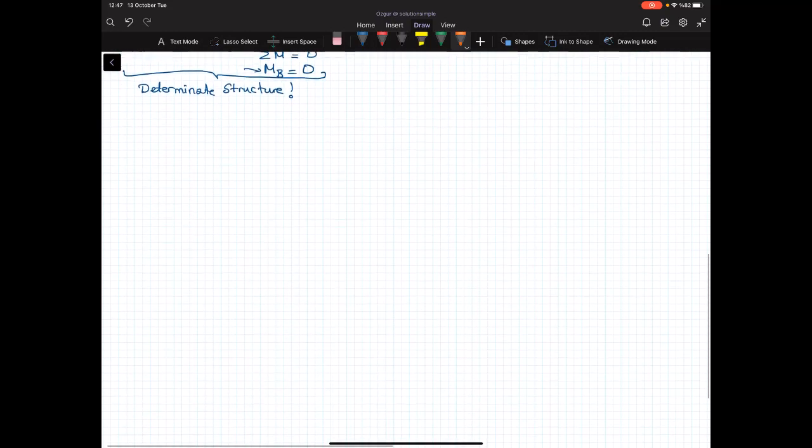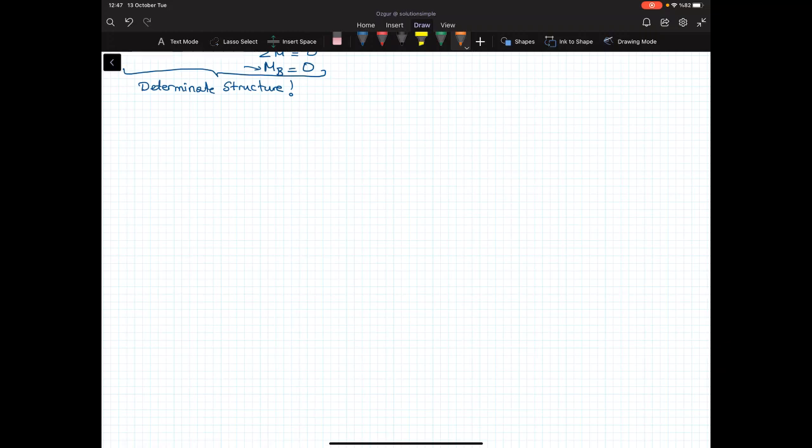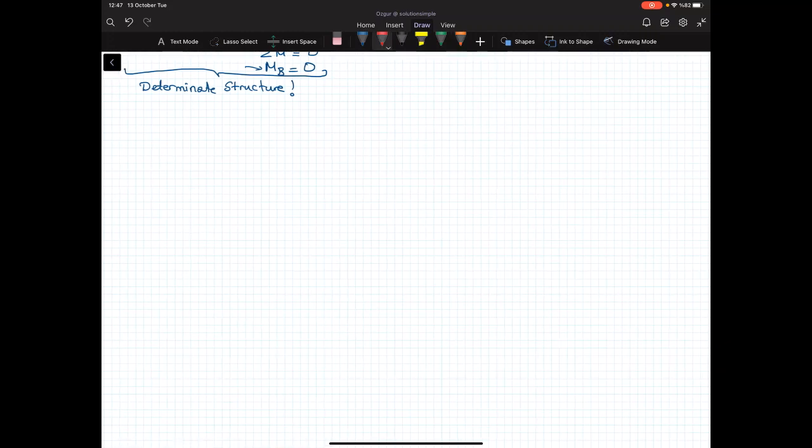Now let's take a look at the trusses. We will do it very briefly because we are more interested in the determinants in terms of deformations, but just for completeness, let's take a look at the determinate trusses versus indeterminate trusses.